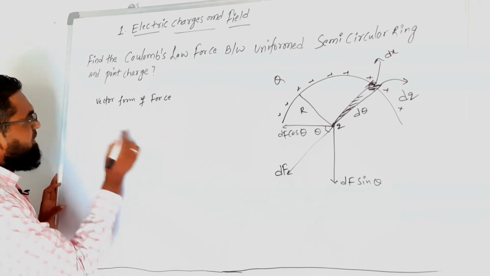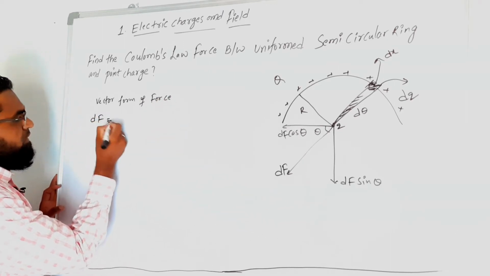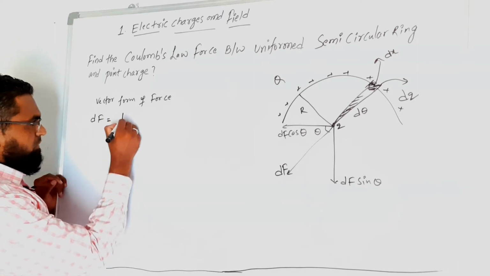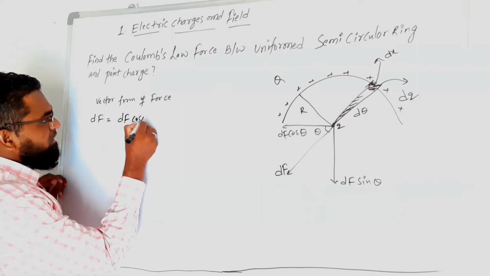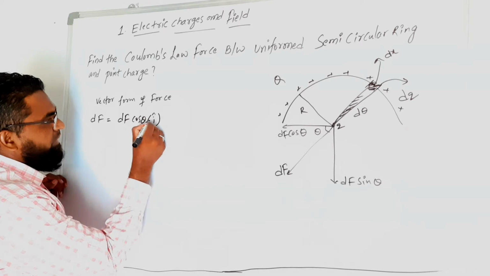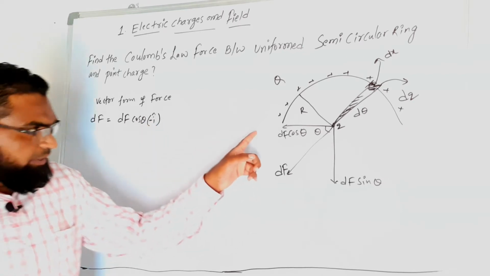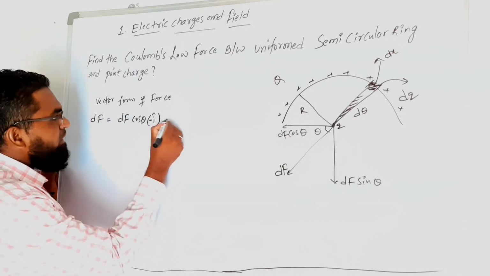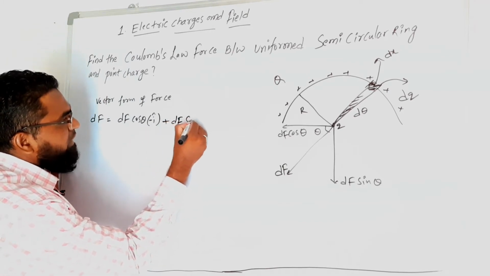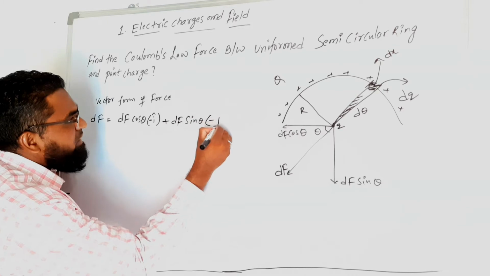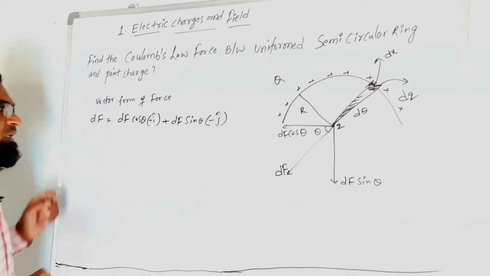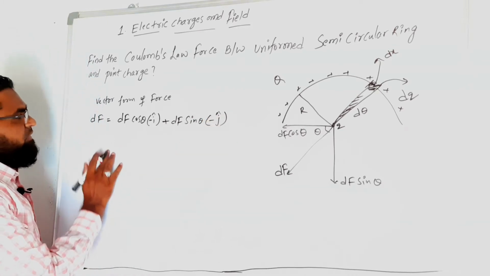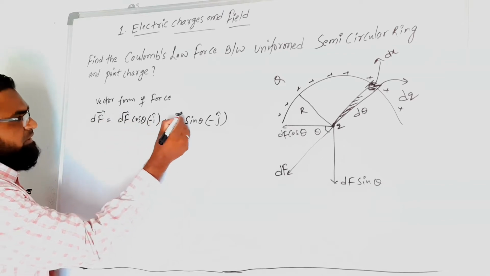This force df equals df cos theta i cap minus i cap, this is the negative x axis, and similarly df sin theta minus j cap, negative y axis. These are the vector form df.